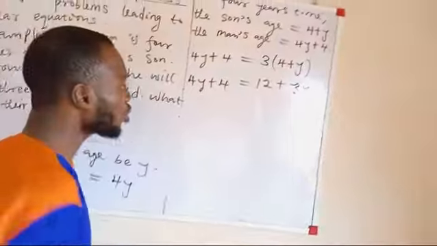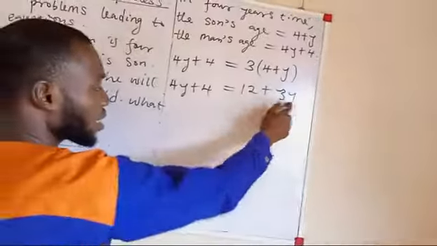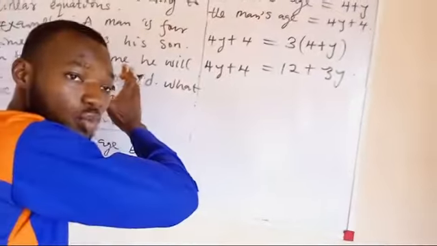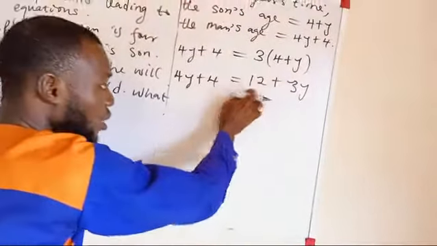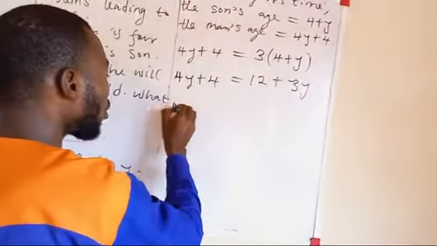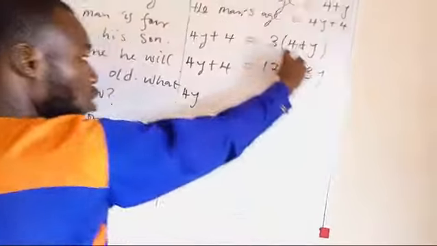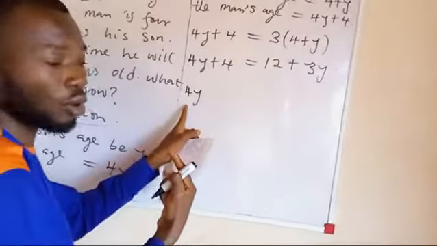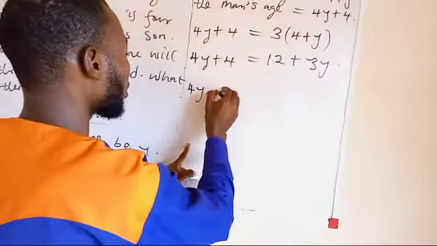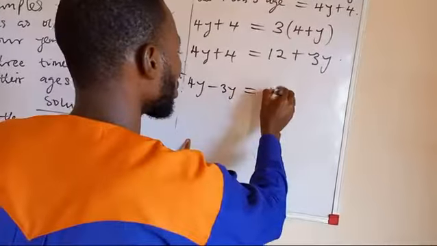Very simple. At this point, we collect like terms. 4y is an unknown term, so we group it on one side. The constant terms we also group on one side. This 3y will cross over to meet 4y, and it's plus here, so once it crosses we change to minus. We have 4y minus 3y is equal to 12.